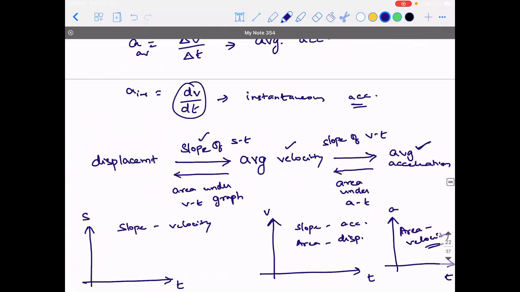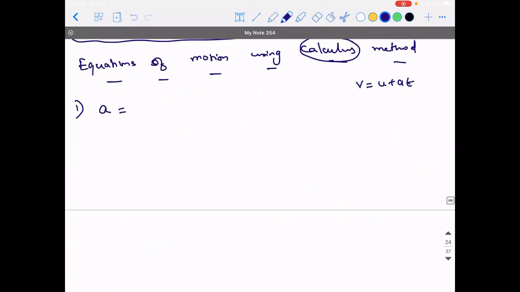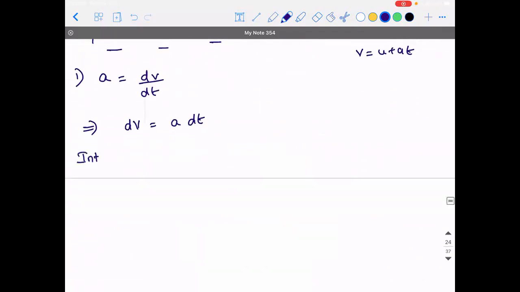I mentioned it, no? So if I take acceleration as dv by dt, dv will be equal to a into dt. Yesterday I told you, if you want to remove the differential coefficient, what are we supposed to do? Integration. Yes, integrating on both the sides.